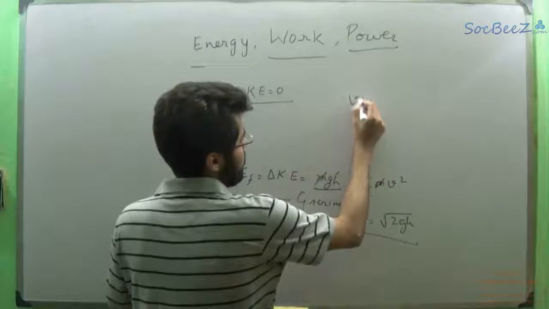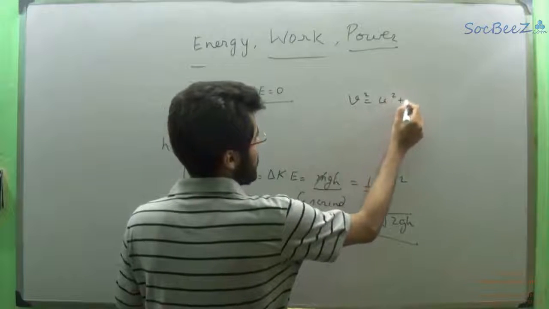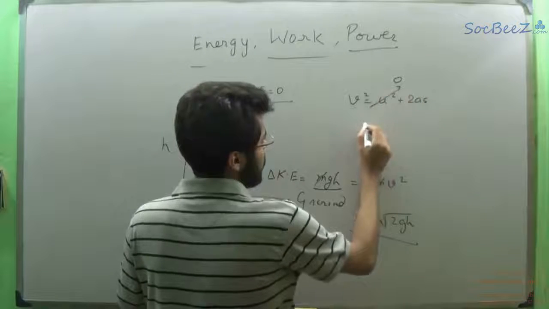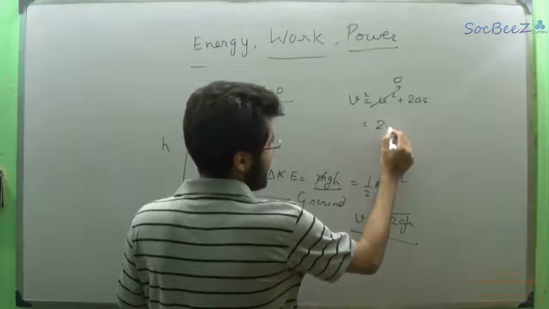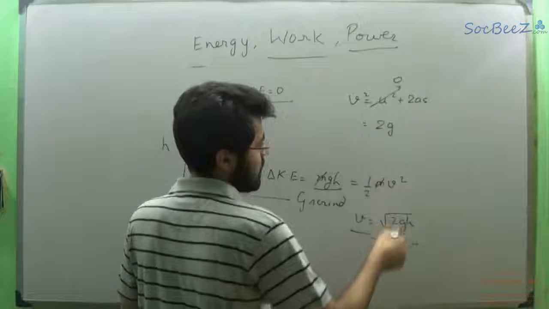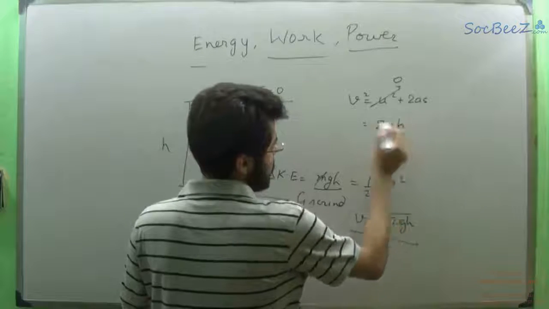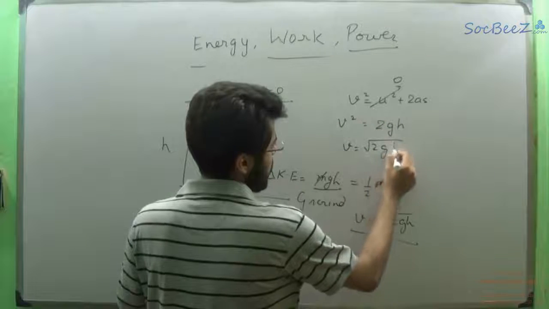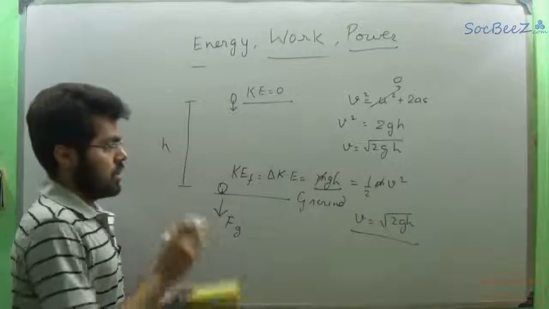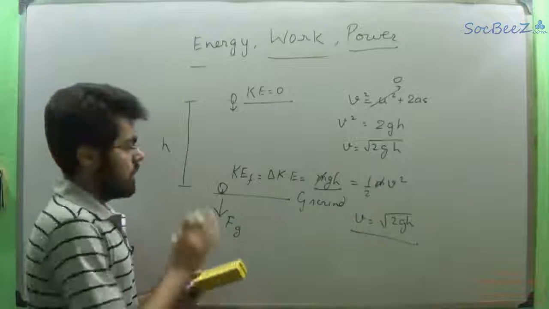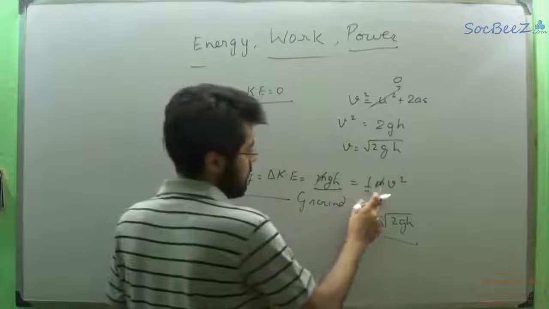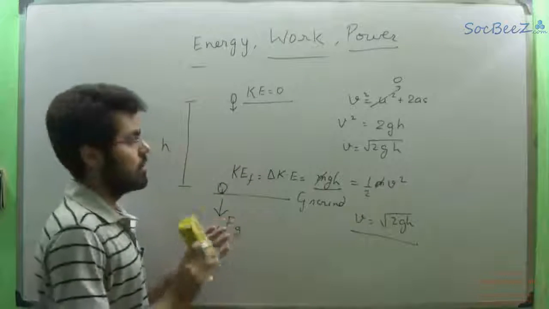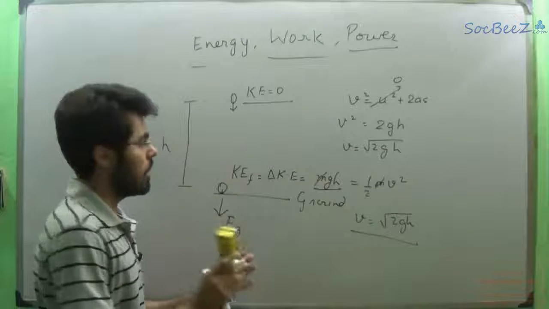So we apply a very simple relation, v square equals u square plus 2as, where u is 0. So it will be just 2g, because there is acceleration downward, and s is your displacement h. It means v is root under 2gh. So the relation of kinetic energy as half mv square satisfies our basic kinematics. It means you can assume that yeah, we are going on the right track.